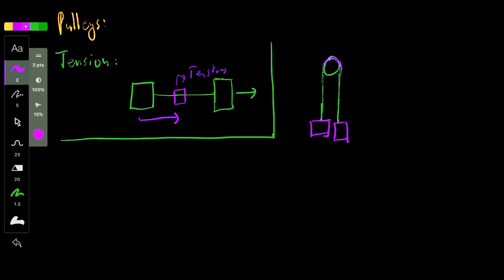So basically, let's say this block is M1 and this is M2. Since the string connects all the way, this will have a tension of T. Or another way, which is the better way, is tension is constant between two masses.